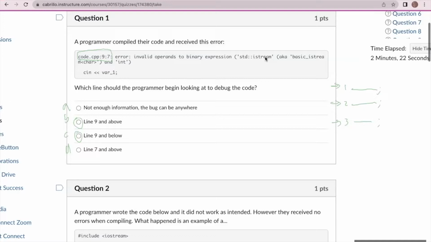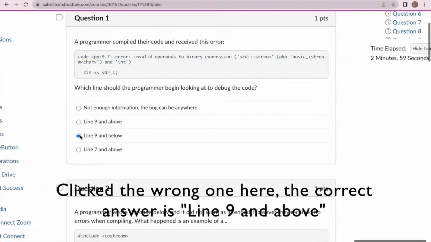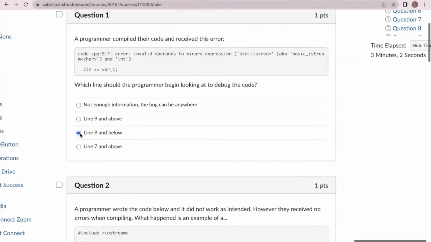So if your compiler found an error on line 9, well, the error has to be either on line 9 or above because it hasn't seen any of the code below line 9 yet. The code below line 9 doesn't exist to it. So either it got confused on one of these lines above and then finally realized, oh wait, that's actually a problem when it got to line 9, or the more common answer is the problem is on line 9. So your answer for a question that looks like this on an exam is the line number, which is right here, or above. And feel free to interrupt me if you have any questions.